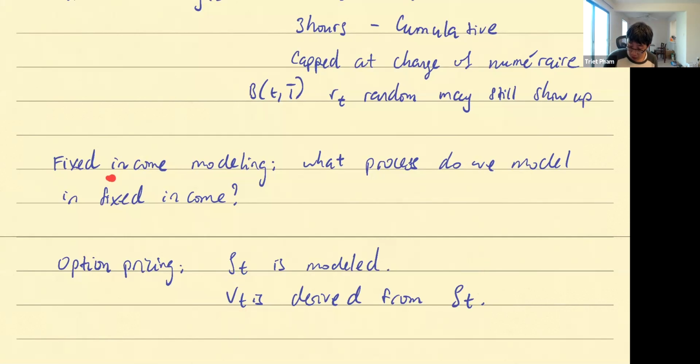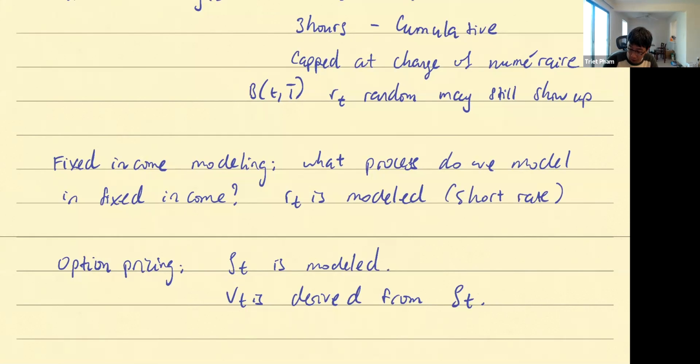On the other hand, with fixed income, what do we model? So roughly speaking, you might think, okay, R_T is modeled. R_T is a short rate, right?